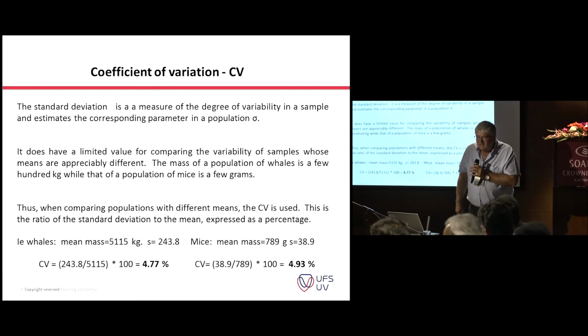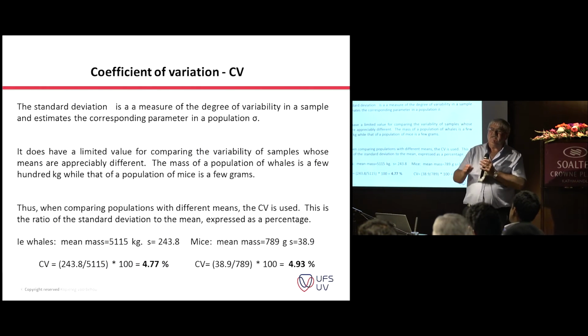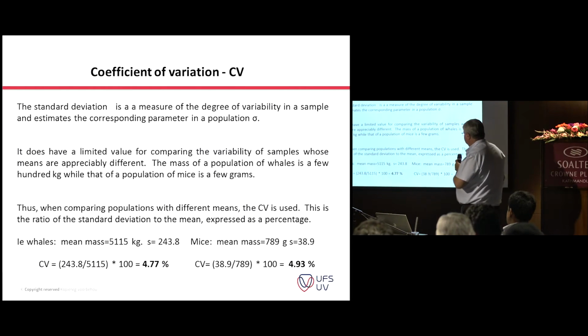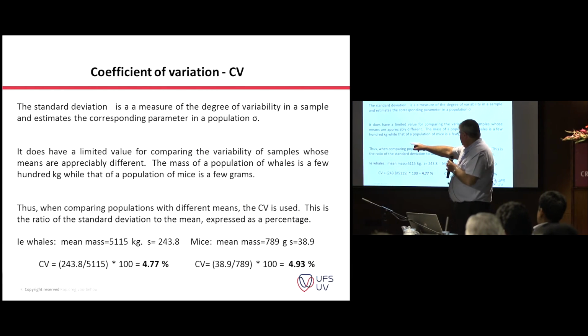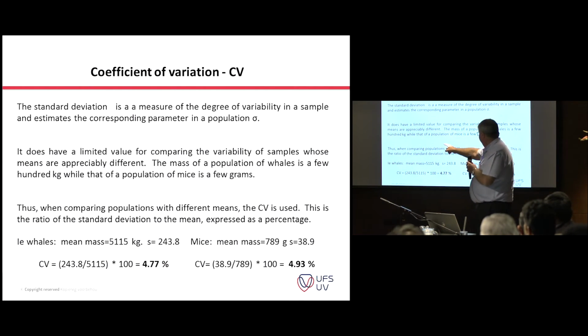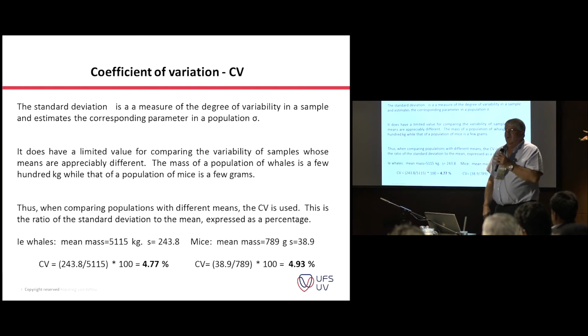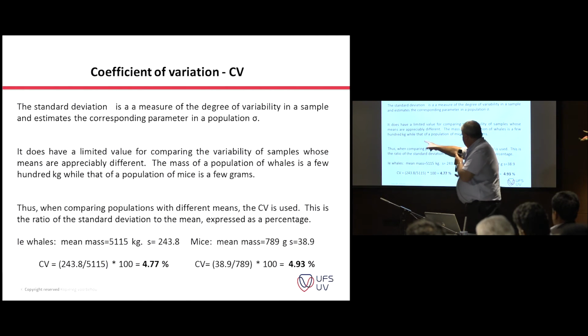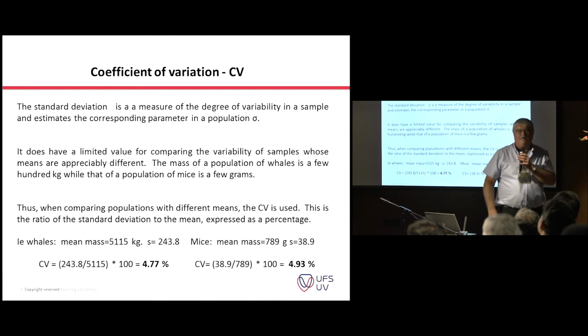The standard deviation always needs to be seen in relation to the mean. So I go and measure the mass of whales, and the mean mass of a whale is 5,115 kilograms. And I measure enough whales if they'll let me, and I work out the standard deviation is 243 kilograms.